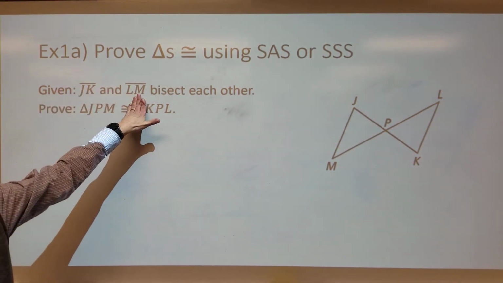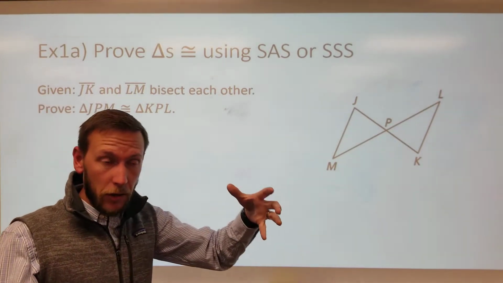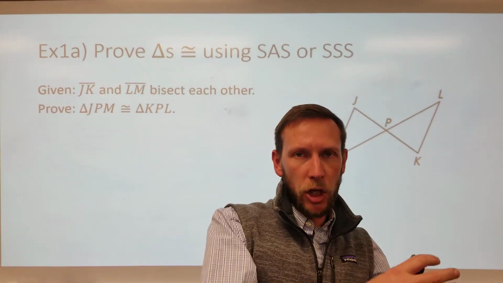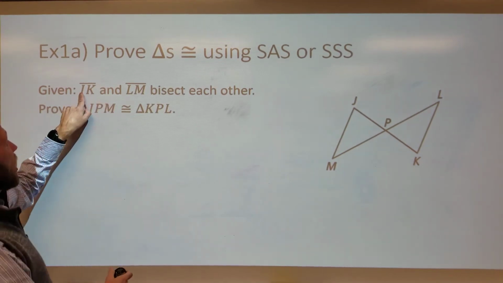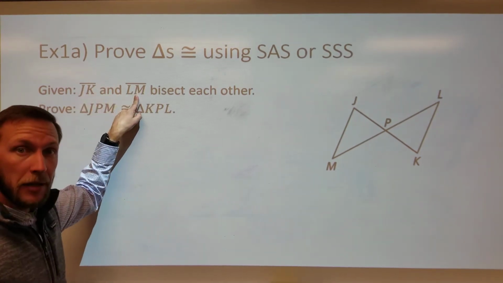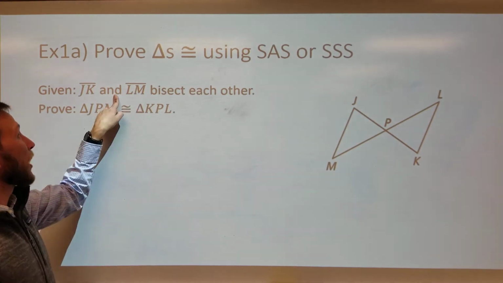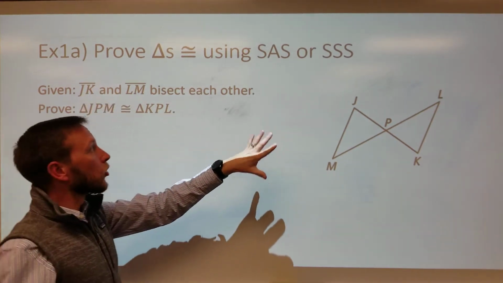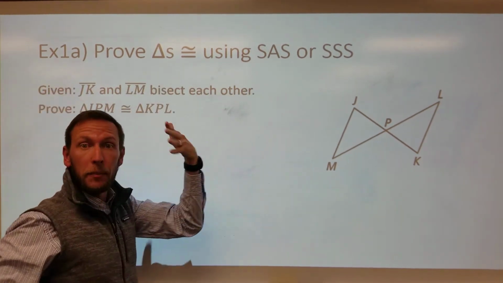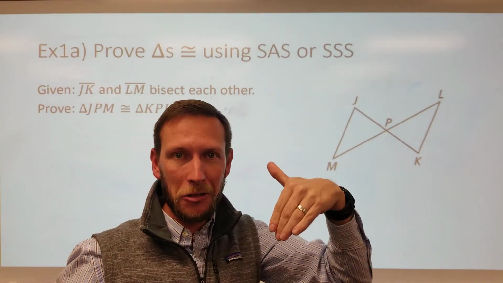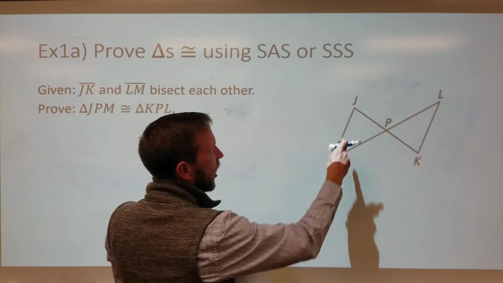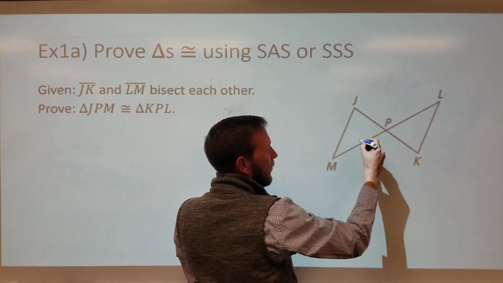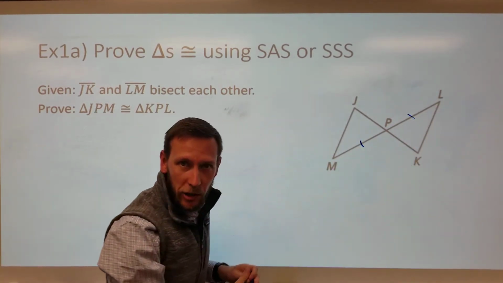JK and LM bisect each other, all right? So think about that. They bisect each other, which means if we want to read this sentence in two different ways, JK bisects LM and LM bisects JK. So reading that sentence and understanding what it means is obviously critical to being able to do this proof, but seeing it on the picture, if JK bisects LM, then that means that these two pieces are congruent to each other.